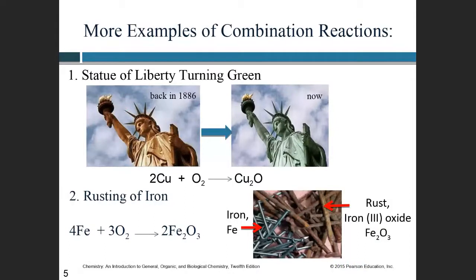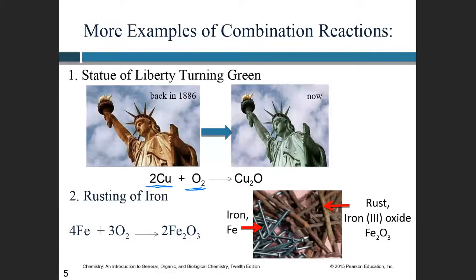Another example is the Statue of Liberty turning green. We may wonder why it happens. Because copper, the first reactant, reacts with oxygen gas to give copper(I) oxide, which is green in color.